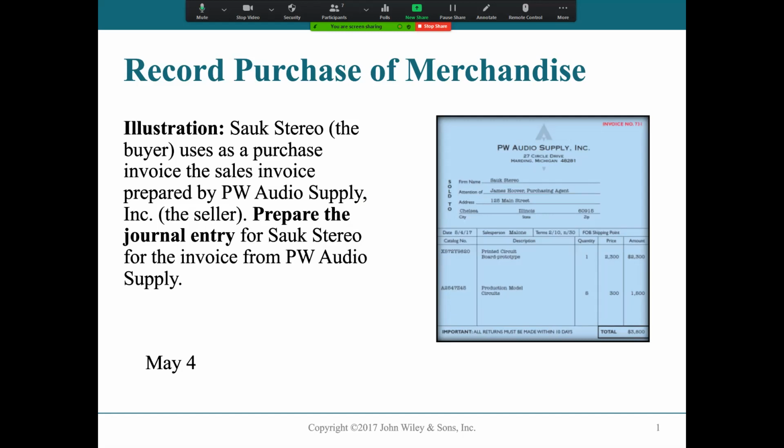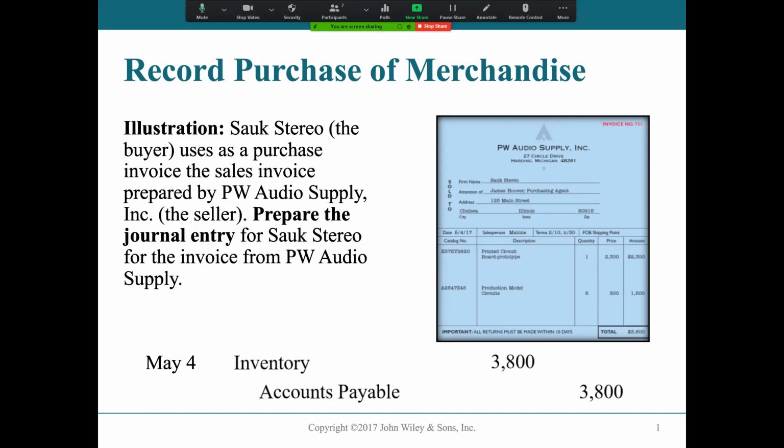So here's a sample of what it would look like to purchase merchandise from a supplier. We have Sock Stereo, who's the buyer, uses a purchase invoice. It's a sales invoice prepared by PW Audio Supply. Prepare a journal entry for Sock Stereo for the invoice from PW Audio Supply. So when we purchase something, it's going to look like this.